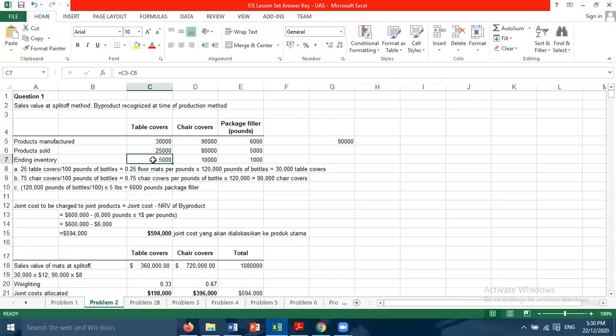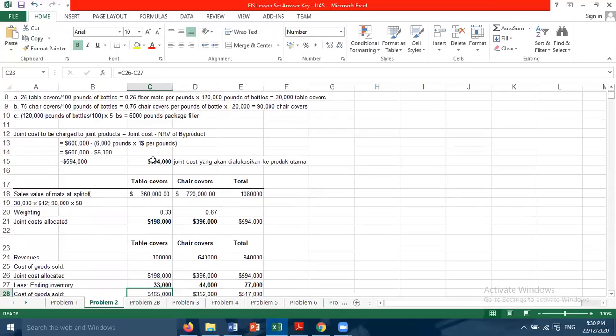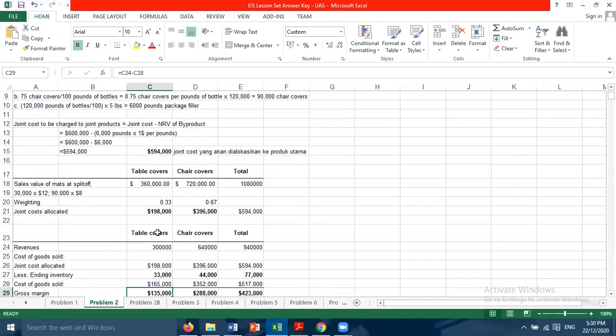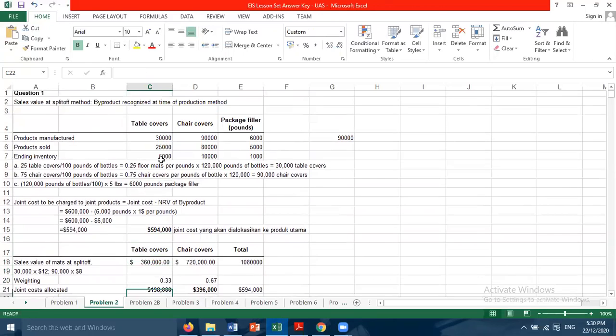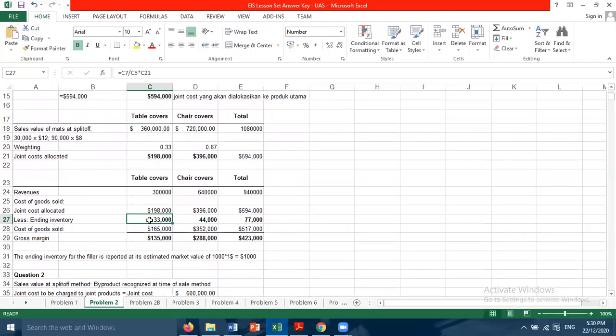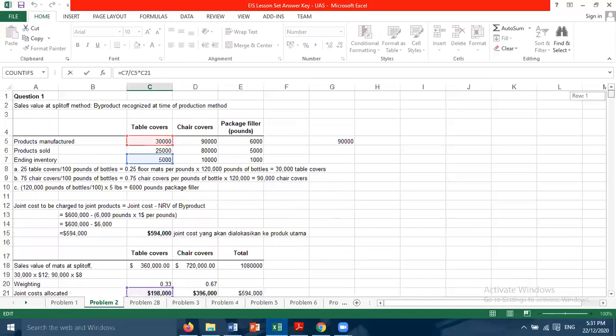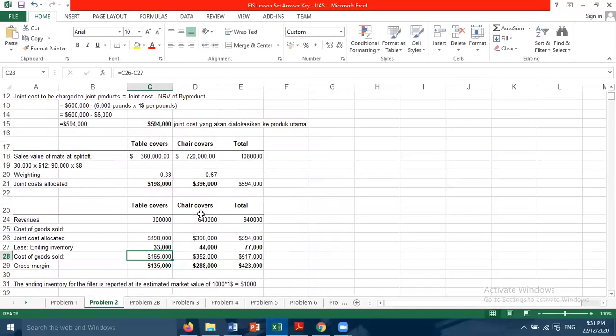Then all we need to do is find the ending inventory cost. The ending inventory cost is simply the joint cost allocated multiplied by the ratio of ending inventory to the products manufactured, or in this case, 5,000 divided by 30,000, or 1 out of 6. So 198,000 multiplied by 1 out of 6, as shown here, will be 33,000.